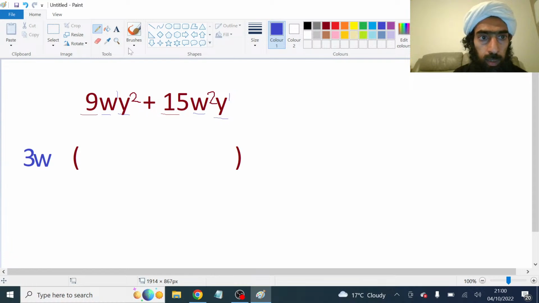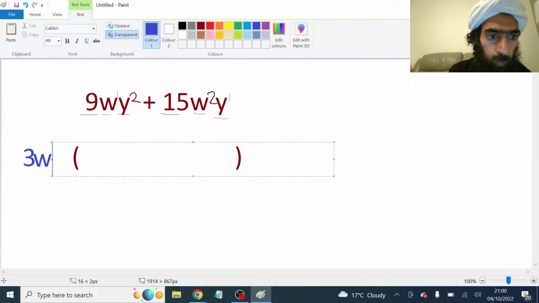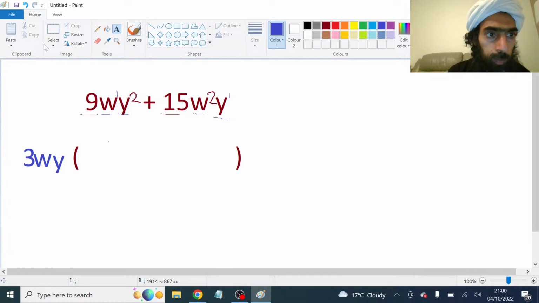Again the lowest power that's in common to both is y to the power 1, so that's y. So let's put the common factor at the beginning, and now we are just going to take it in turns and think, if I times by something here to get 9wy squared, then what would this be?